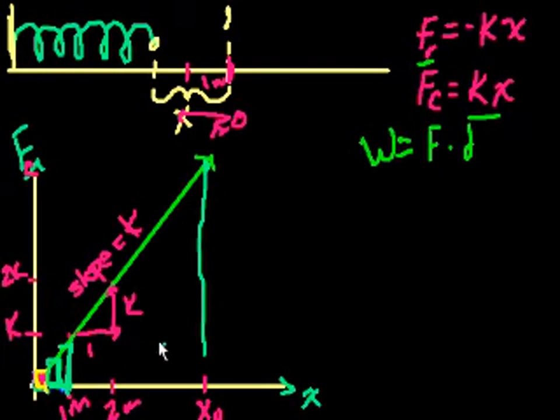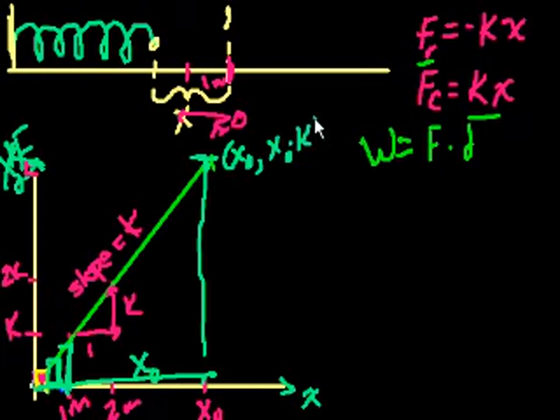And what's that area? Well, this is a triangle, so we just need to know the base, the height, and multiply it times 1/2, right? That's just the area of a triangle. So what's the base? This is just x naught. What's the height? Well, we know the slope is k, so this height is going to be x naught times k. So this point right here is the point x naught, and then x naught times k.